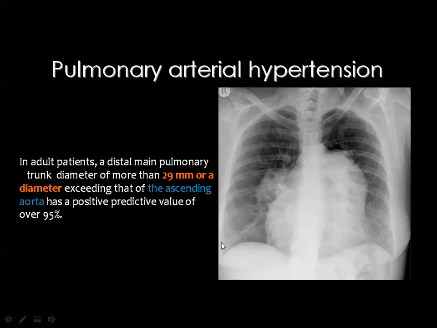Then pulmonary arterial hypertension is diagnosed by the enlargement of the main pulmonary artery segment and the dilatation of the central branches with peripheral attenuation of the pulmonary vascular markings. A distal main pulmonary artery trunk diameter of 29 millimeters or more, exceeding that of the ascending aorta, has a positive predictive value of over 95%.